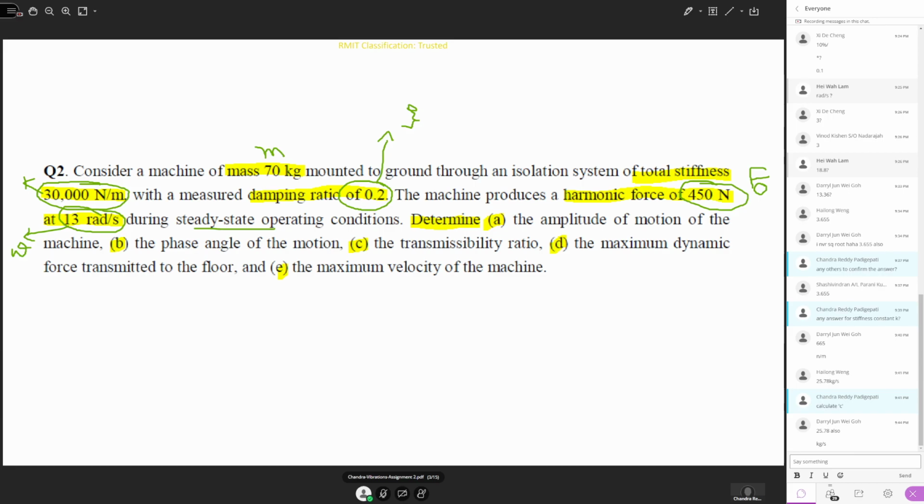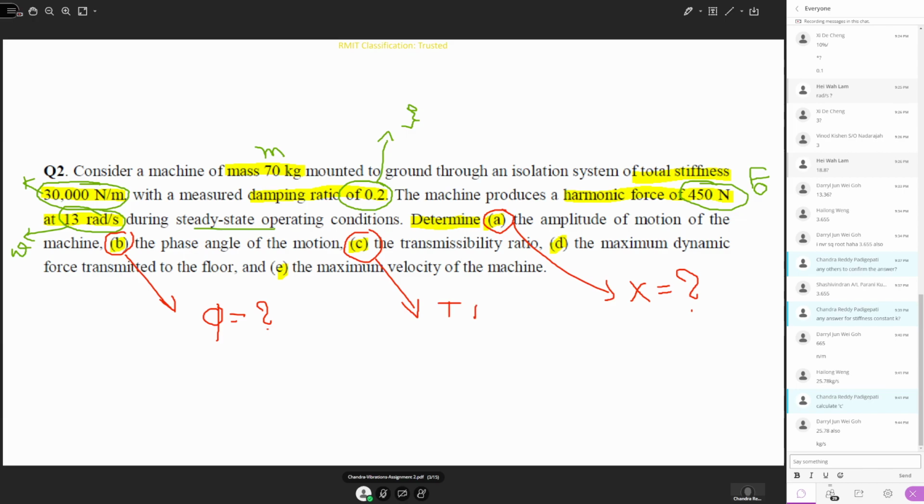So amplitude of the motion of the machine means you need to find out the x value. Then the phase angle of the motion, so you need to calculate the phase angle phi. And the transmissibility ratio, so you need to calculate the transmissibility ratio TR.